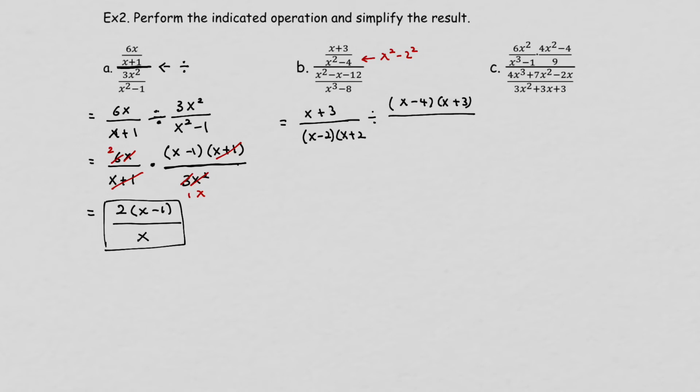Denominator is a difference of cubes. If you don't remember, you can look for the formula online, or from the previous sections, right? And when you factor this, you're going to get x minus 2 times x squared plus 2x plus 4.